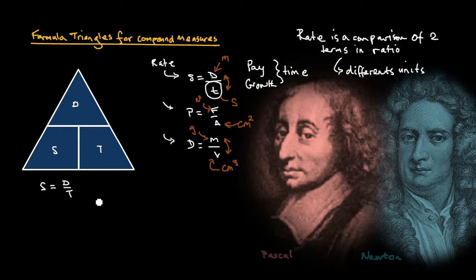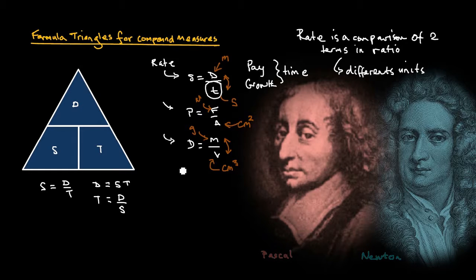If you cover up the distance, you're fixing the distance and looking at speed and time, so distance equals speed times time. You can also cover up the time segment, and you've got time is distance divided by speed. That's a really useful little tool as well.